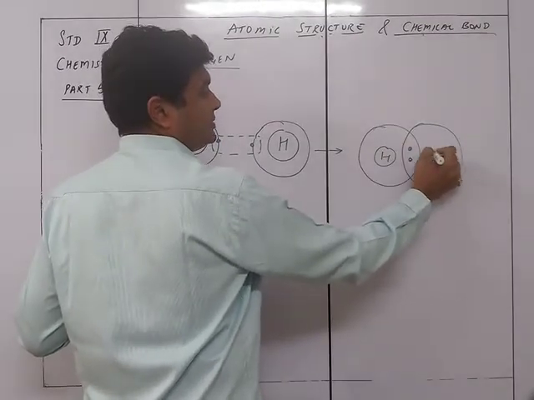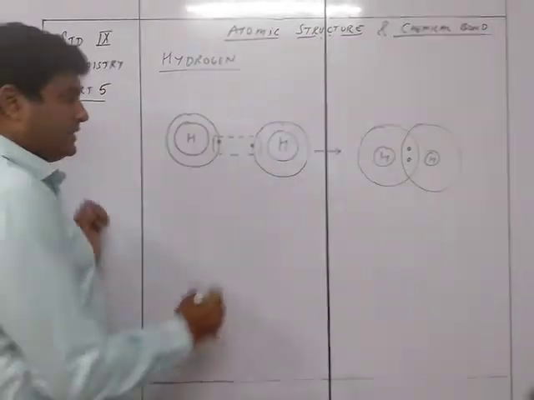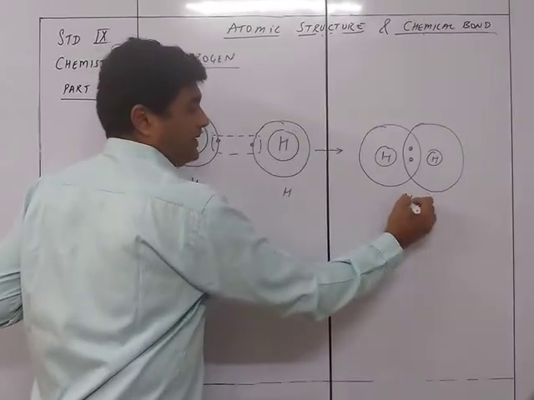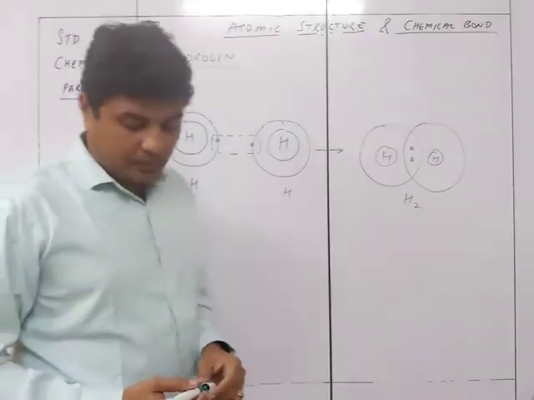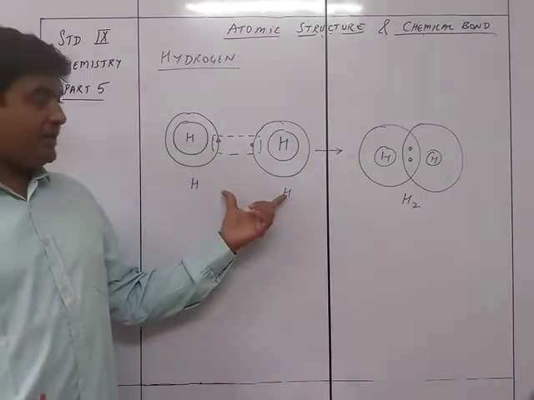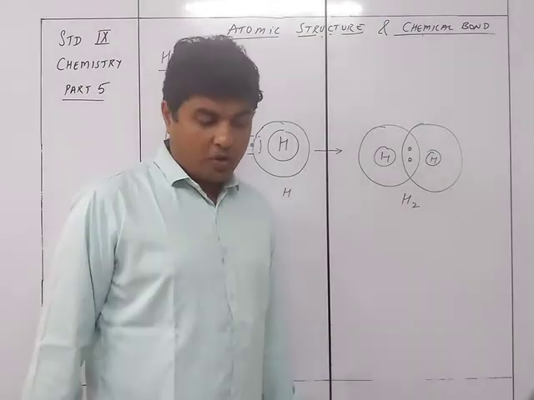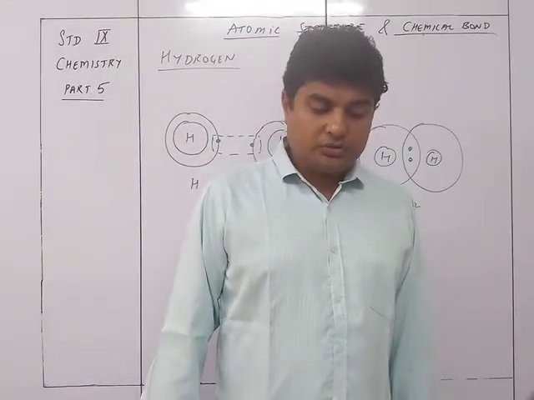This is the nucleus of the hydrogen. Accordingly, this is H and this is H, giving you H2. So this is before combination, the hydrogen atoms, and this is after combination, the hydrogen molecule which is formed. You can also note the dot diagram.